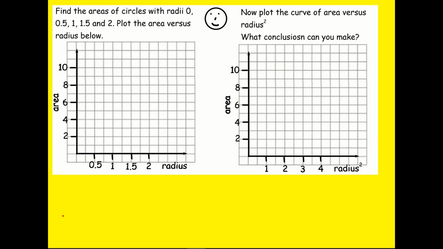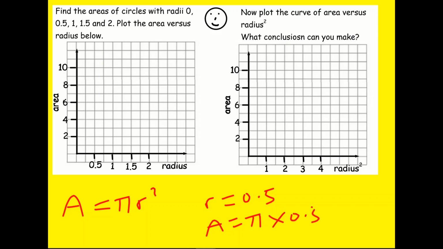So to do this, you need to use the fact that A is pi r squared, and then it's a simple case of substituting your radius into this formula. So when r is 0.5, we're going to get that A is pi times 0.5 squared, and I can substitute that into my calculator and work it out.